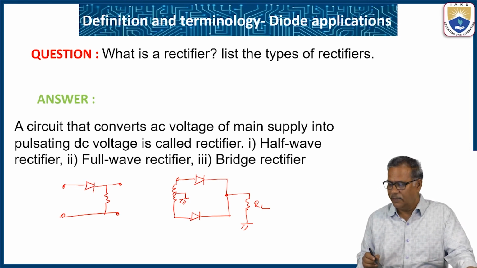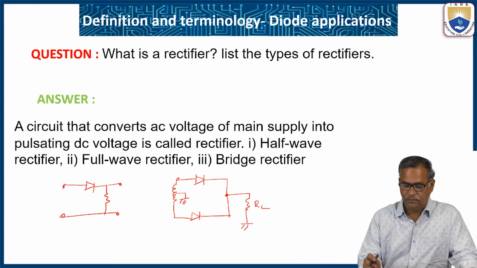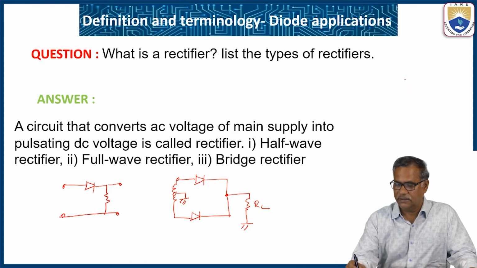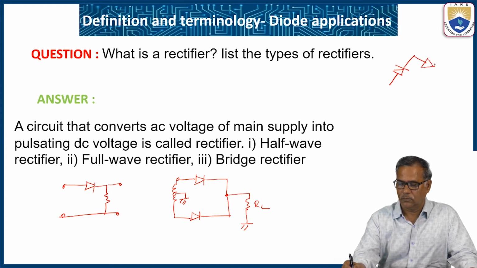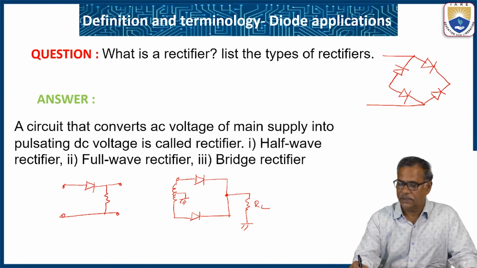And the bridge rectifier has four diodes. The four diodes are like this. The input is applied here, and the output is taken across this load resistance RL.